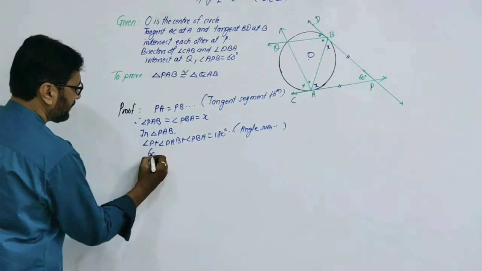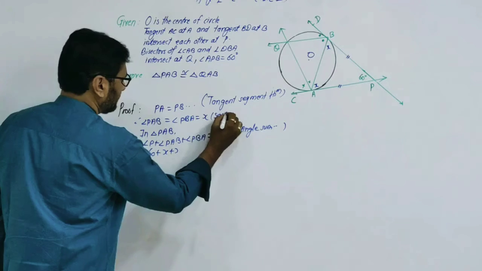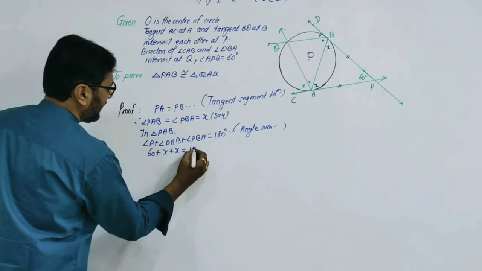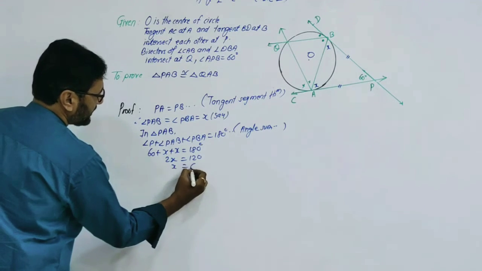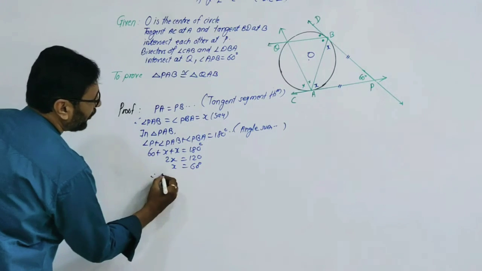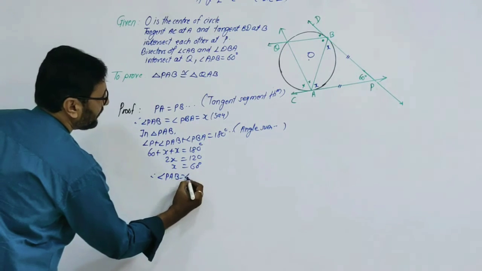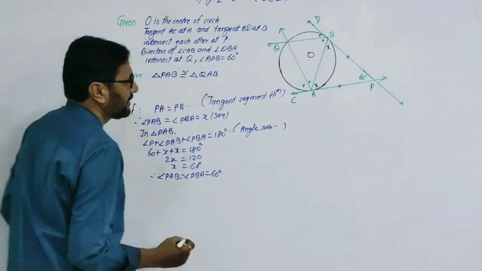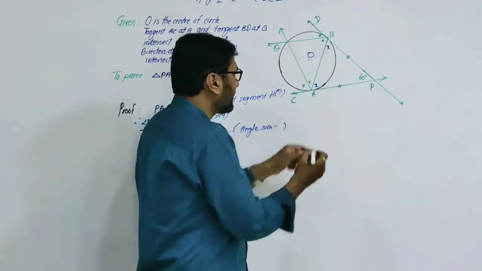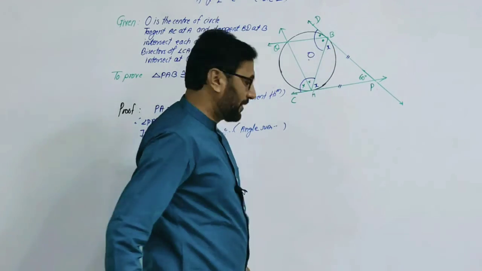So 60 plus 2x is equal to 180, 2x is equal to 120, x is equal to 60. So we got two angles, angle PAB is equal to angle PBA is equal to 60 degree. 60, 60. Now we can find this angle as well as this angle by linear pair.